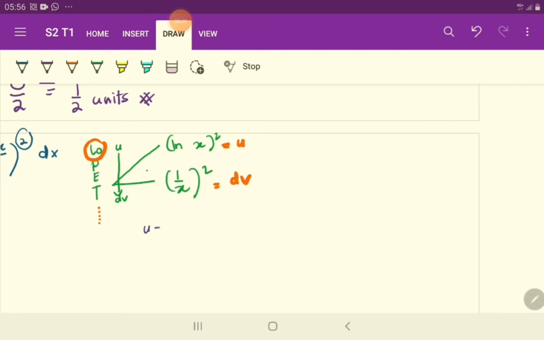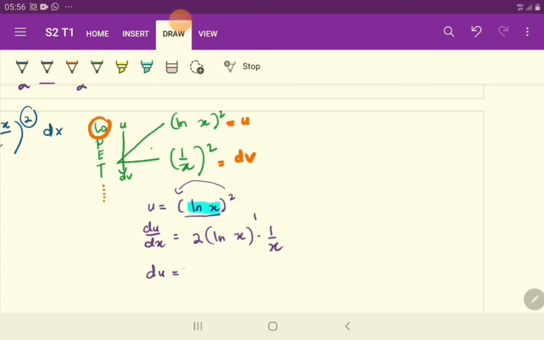If I have u equals to ln x squared, then du dx is equal to 2 ln x times 1 over x. The 2 comes to the front, we copy back, this becomes power 1, and then we differentiate anything inside the bracket. Let me rewrite this: du is equal to 2 ln x over x dx.